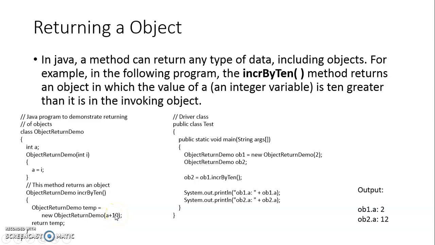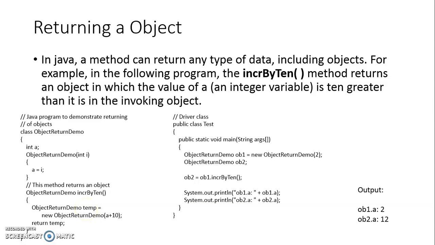So a was 2 and 2 plus 10 is 12. That value will be returned and it will be the value of ob2. So in the first case, System.out.println is going to print the first object's ob1.a, that is 2, and the second value ob2.a, that is 12. So this is the method in which I am returning the object in the function call.